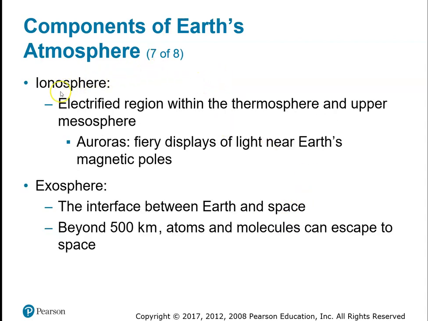And then above the thermosphere is called the ionosphere, and this is a region. This is like where you see the auroras. The auroras are just charged particles. Some of the charged particles come from the sun.